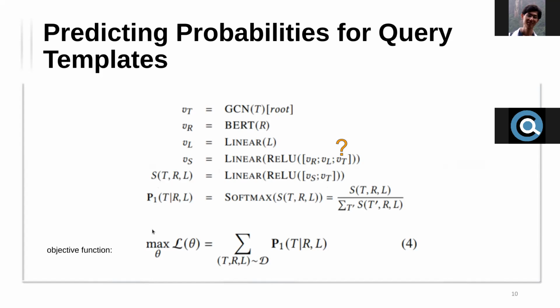The objective function here is to maximize the probability of choosing T given the state R and L. Okay, let's keep going.